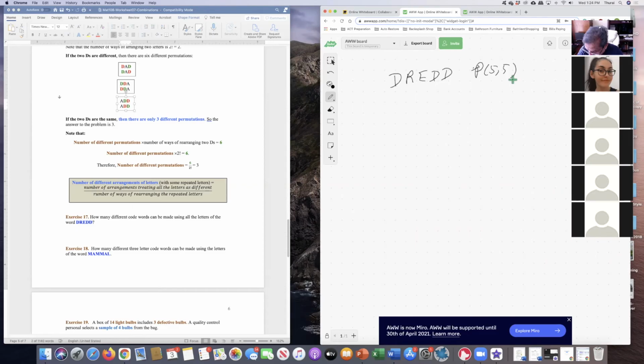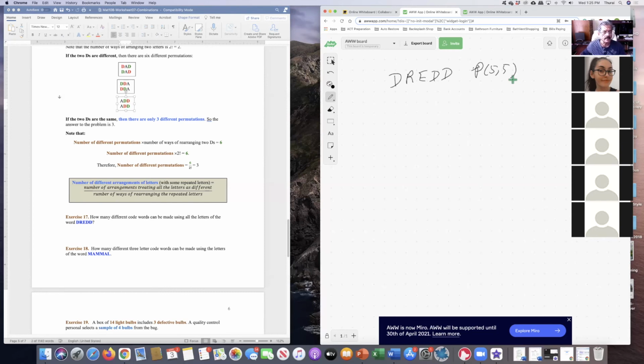That's all, if all of them are different. But there are 3 Ds that are matching. So we're not going to have this many different words. We're going to have fewer words. So would it be P(5,3)? No. We are not rearranging just 3. We are rearranging all of them.